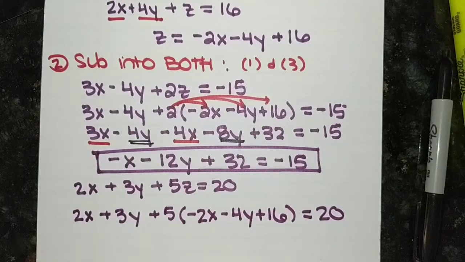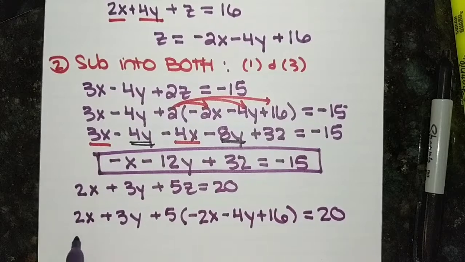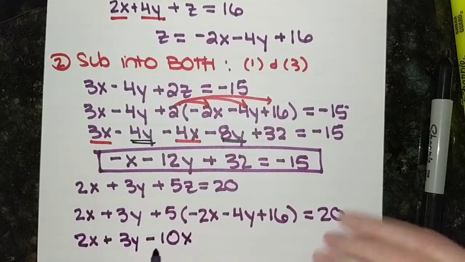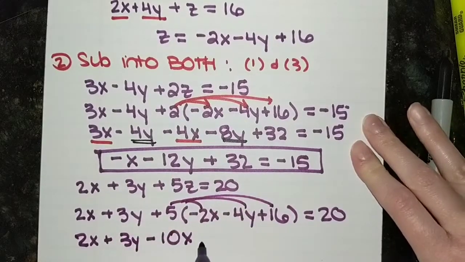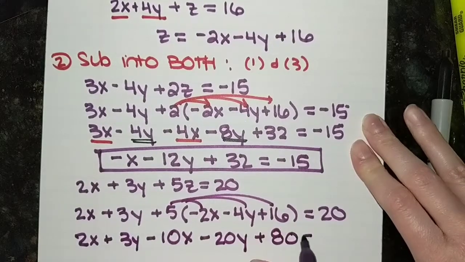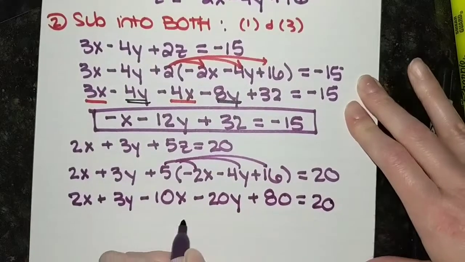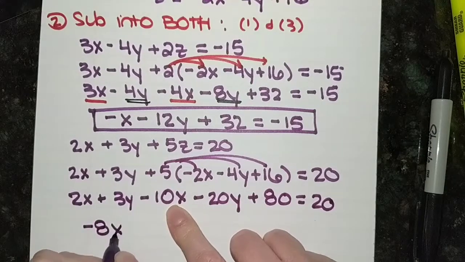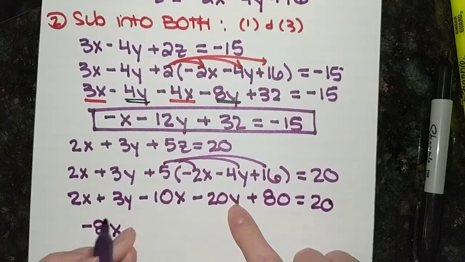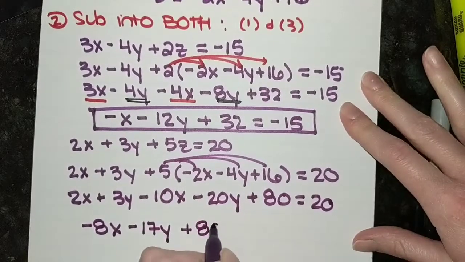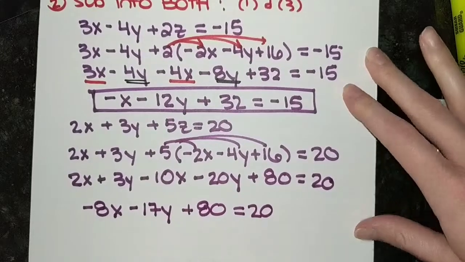You are going to have to distribute here, so you'll have 2x plus 3y minus 10x minus 20y plus 80 is equal to 20. And then combine like terms: the 2x and the negative 10x give you a negative 8x, the 3y and the minus 20y give you a negative 17y, and then plus 80 is equal to 20.